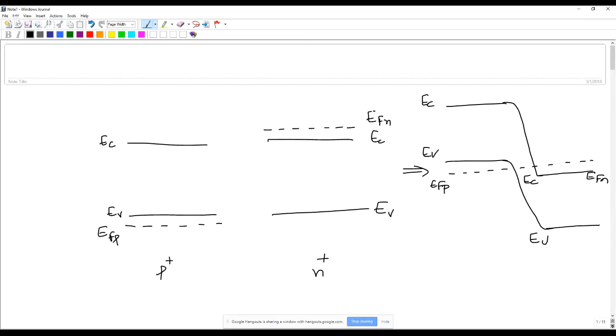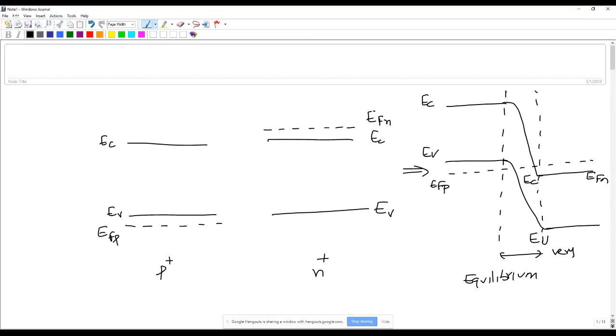Okay. So this is before the junction is formed, and the diagram on the right is when you have equilibrium. Because a tunnel diode is formed by heavily doped P and N, the depletion region is usually very small, of the order of nanometers.